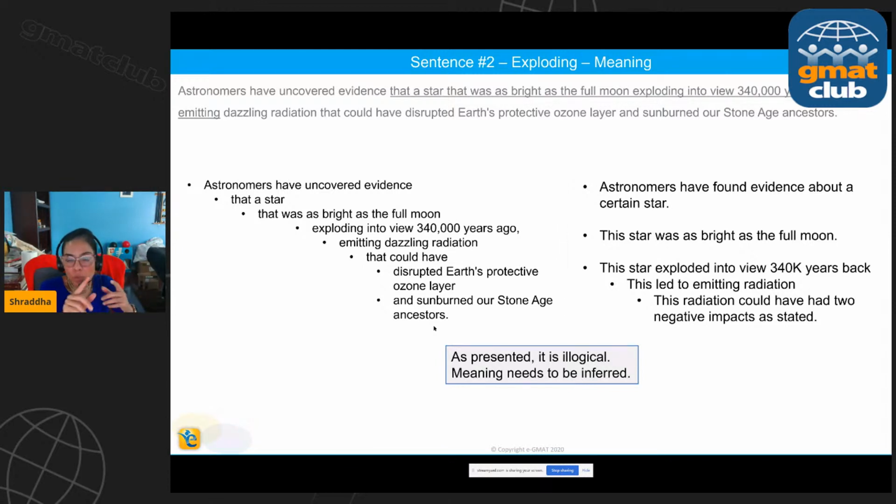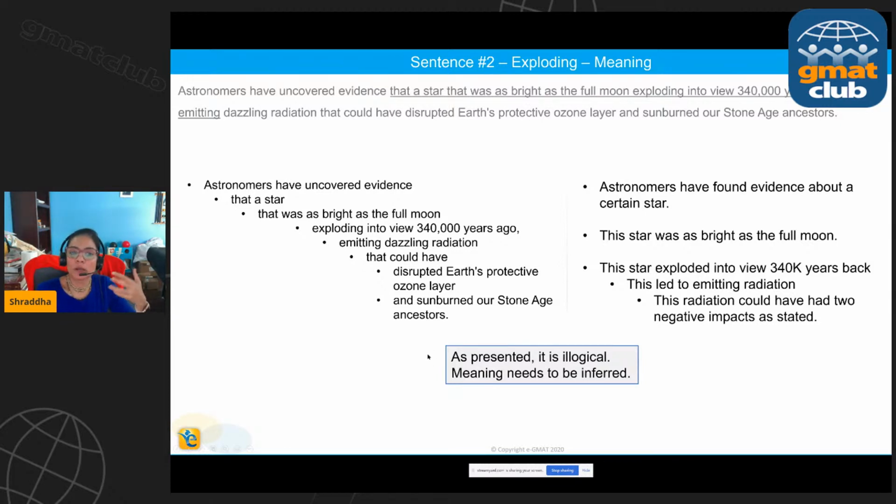Why? Because the way the sentence is written, it tells us that the full moon exploded into view. But we know that the sentence is not about the full moon. The sentence is about the star. Full moon has been mentioned just to let us know how bright that star was, you know. So this exploding should be connected with star and not with full moon.